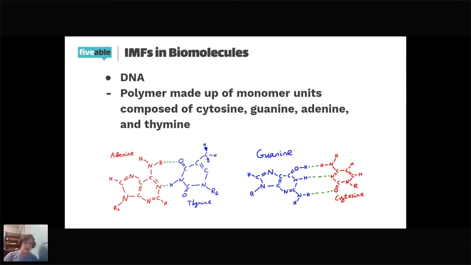DNA is a polymer made up of monomer units composed of cytosine, guanine, adenine, and thymine. I have the diagram right here. We have adenine and thymine on the right, and then guanine and cytosine. Do you see how those two monomers are paired with hydrogen bonds?